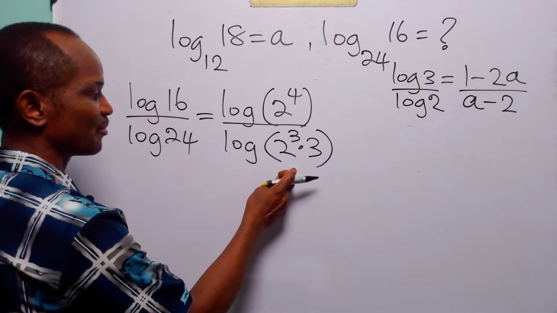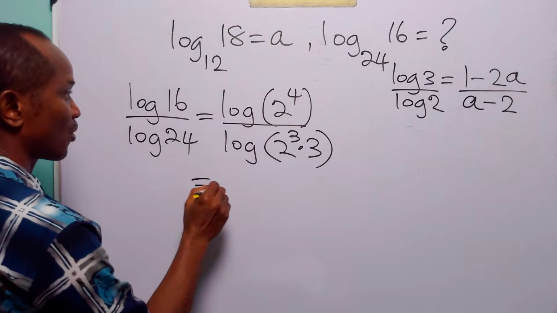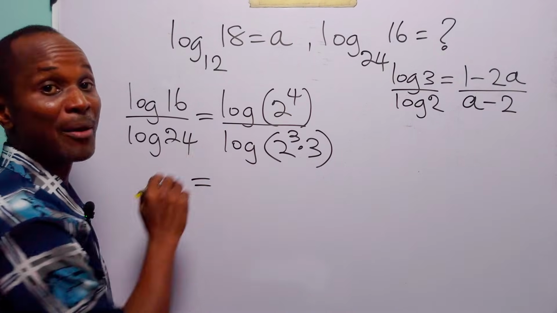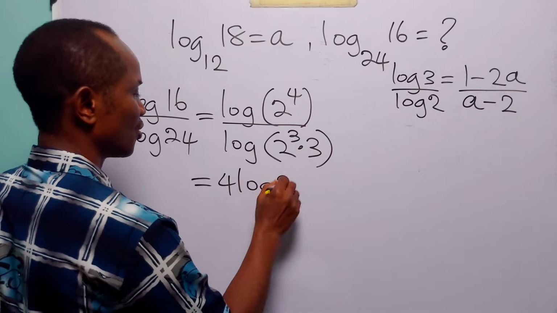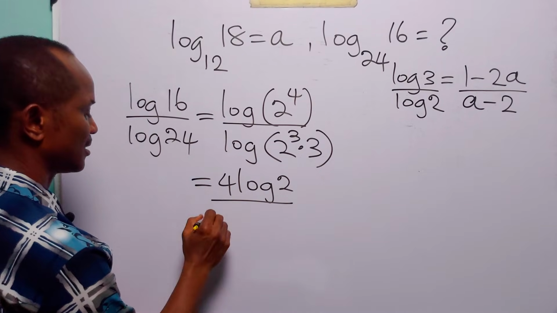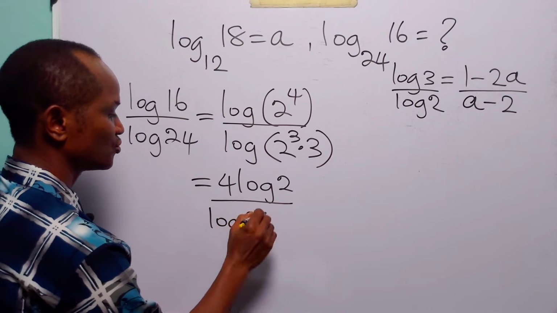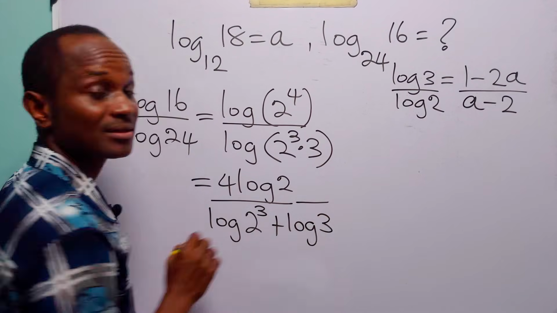Once more, in this denominator, you can see a product. So this is equal to, let us apply the power rule here. We can write the numerator as 4 log 2. And we can write the denominator as log 2 to power 3 plus log 3.